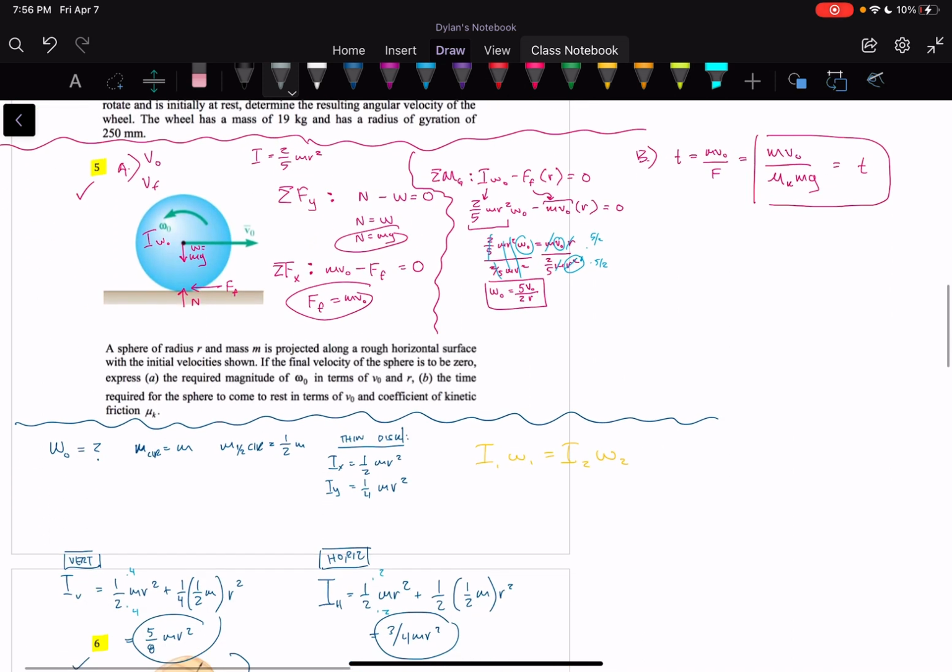Number 5. This one, we basically have our linear and our rotational kinetic diagrams just combined here. We know that there is a force from the ground as well.